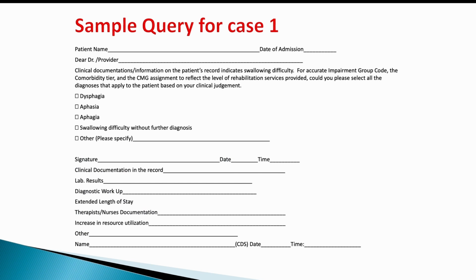Place patient name, date of admission. Dear Doctor/Provider, place the name. Clinical documentation/information on the patient's record indicates swallowing difficulty. For accurate Impairment Group Code, the Comorbidity tier, and the CMG assignment to reflect the level of rehabilitation services provided, could you please select all the diagnoses that apply to the patient based on your clinical judgment?